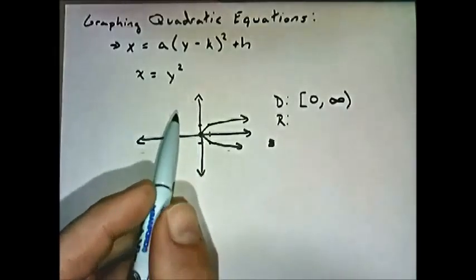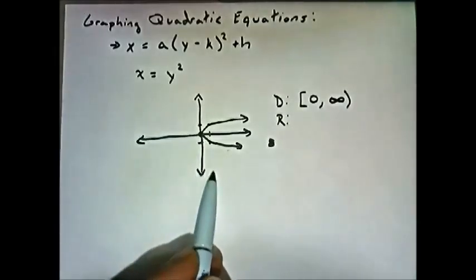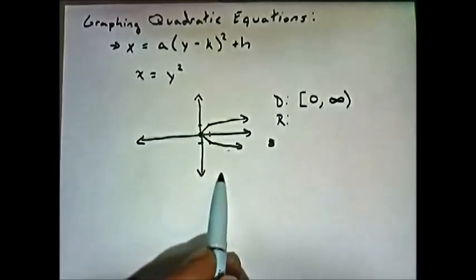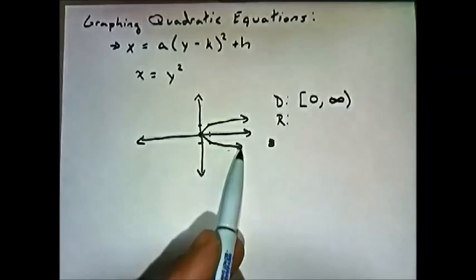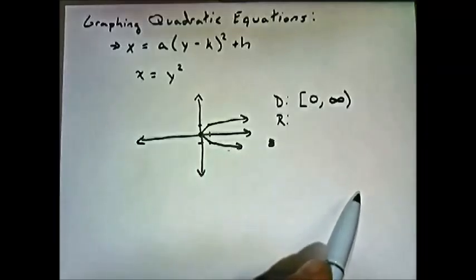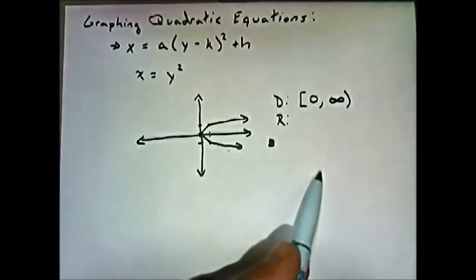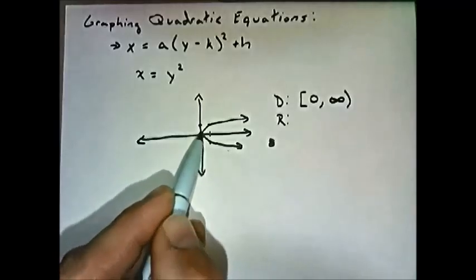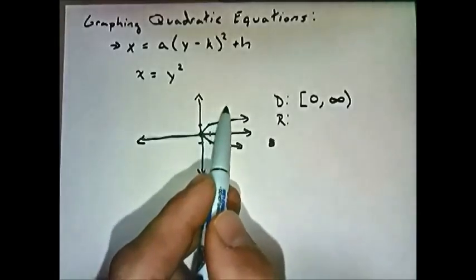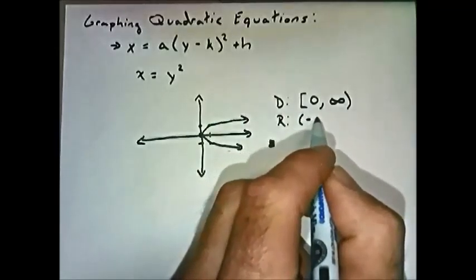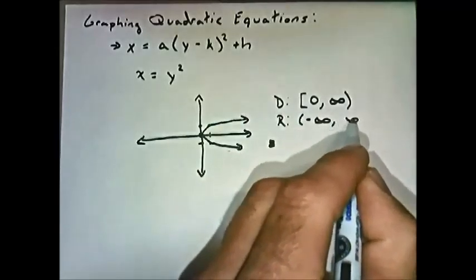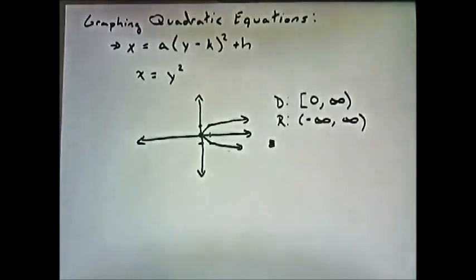Our range in this case, we can come down here at negative infinity. Way out here we'll be able to touch this graph because this graph is going to continue forever and it's going to continually go down, and as we work our way up the y-axis we'll always be able to go over and touch that graph. So we say our range in this case is negative infinity to infinity.